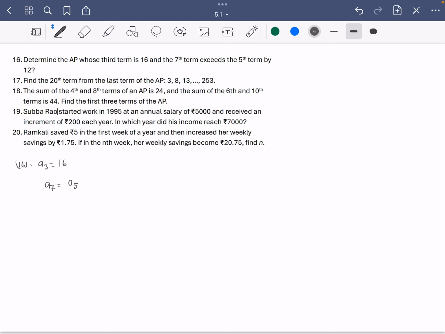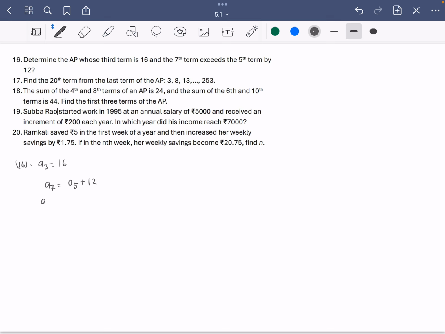Yes, it exceeds the fifth term. That means if you add this amount, that is 12, to the fifth term, you will get the seventh term. So the seventh term exceeds the fifth term by 12.